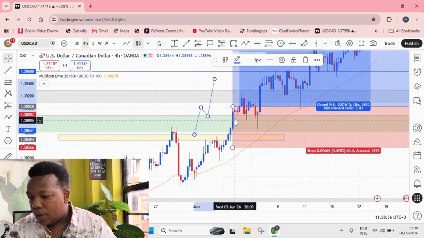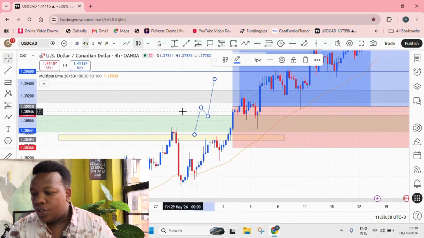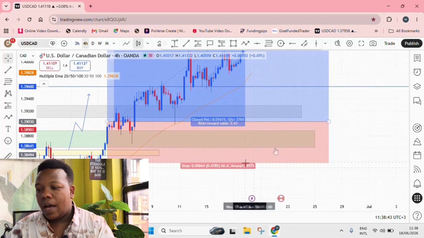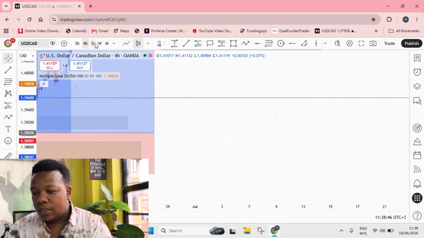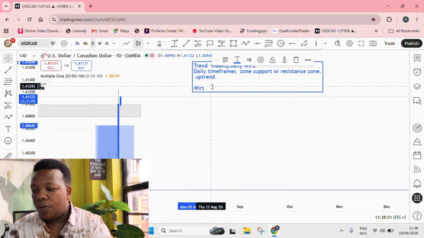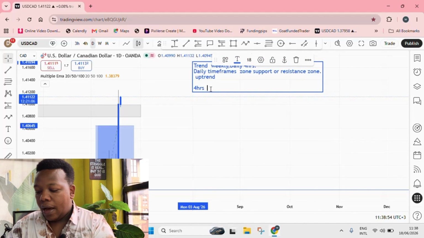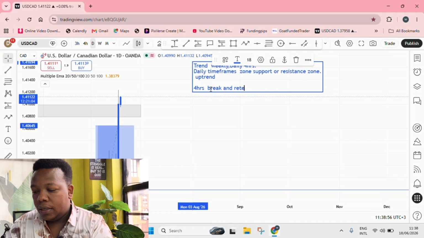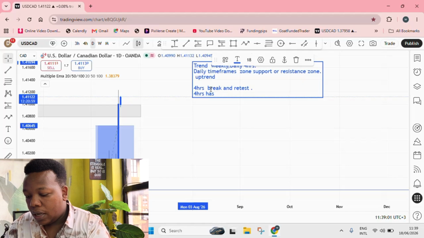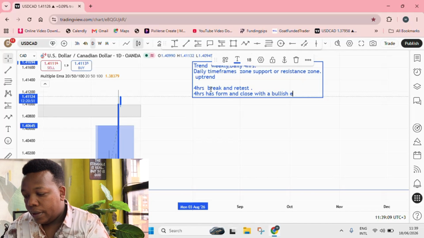So for this case, you can see there was a breakout and retest, and then what I usually look for before taking that entry is that the 4 hour candlestick has to close. After the breakout and retest, in the case of an uptrend, I have to wait for the 4 hour candlestick to form and close with a bullish engulfing candle.